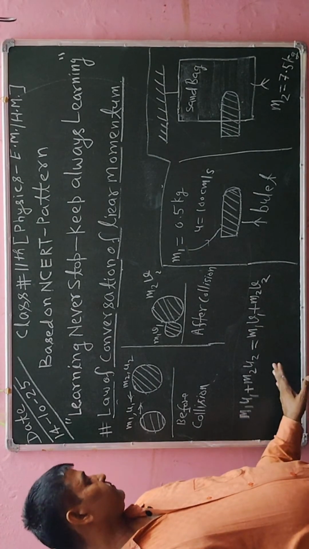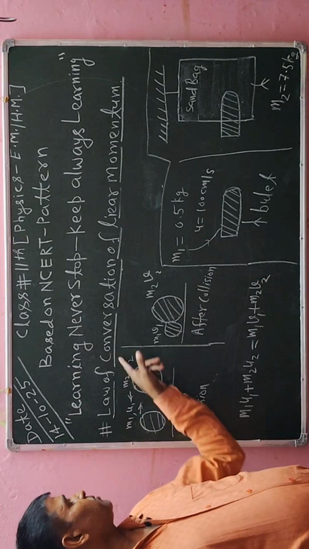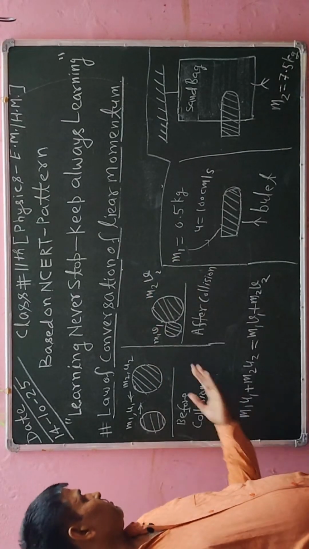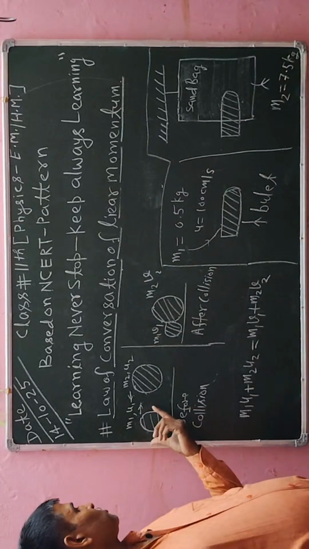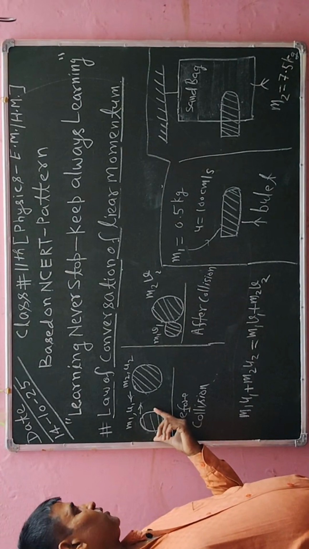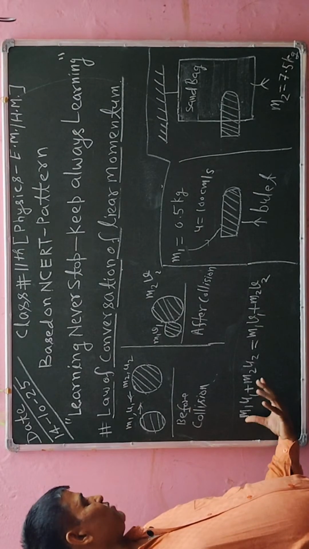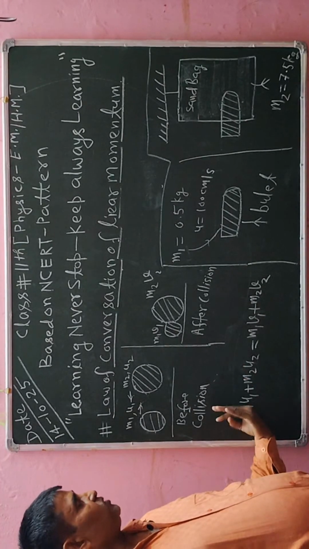So this is the concept of the law of conservation of linear momentum. Before collision, I have to calculate the momentum of the first object and also the momentum of the second object, and then I will add these two momenta.